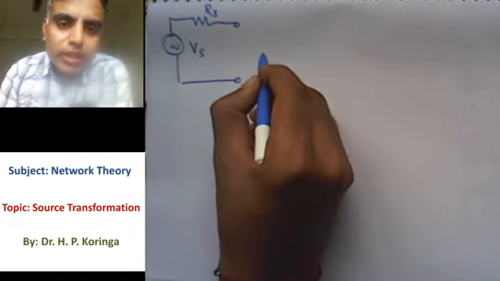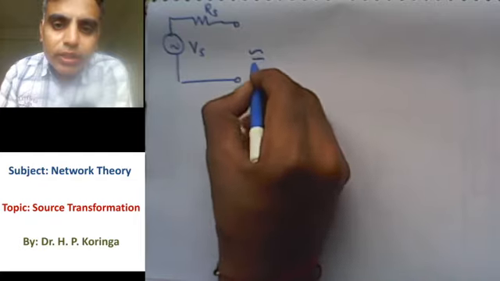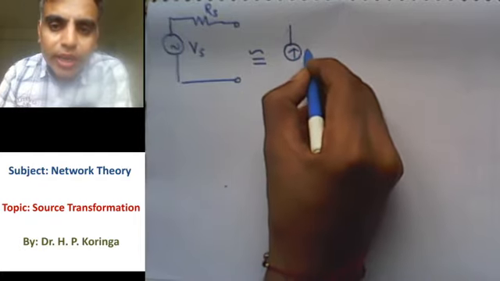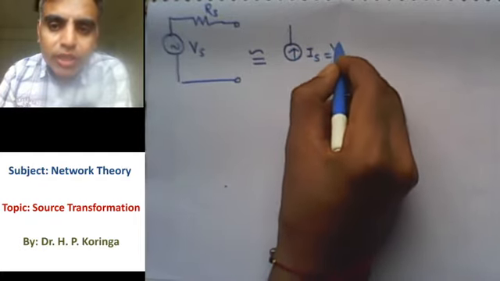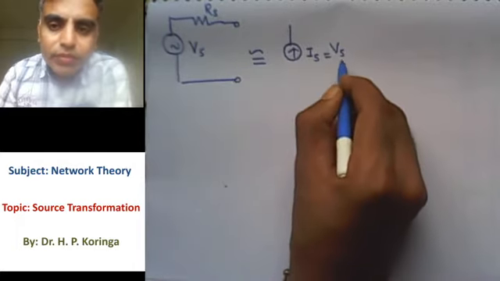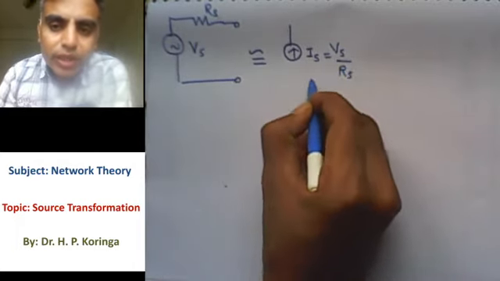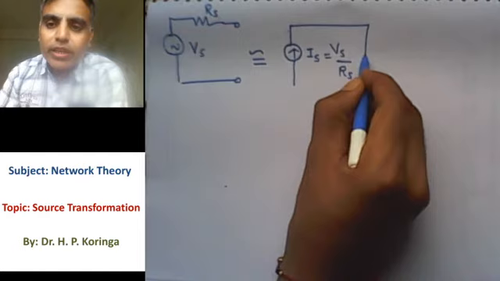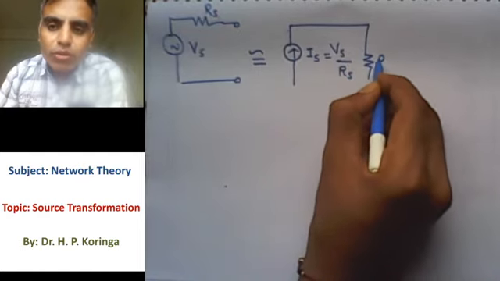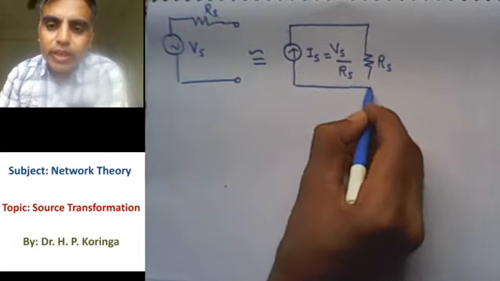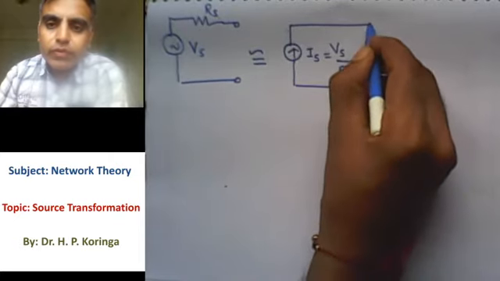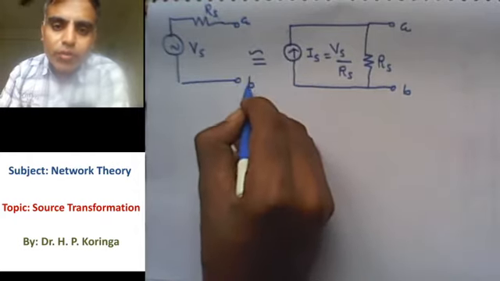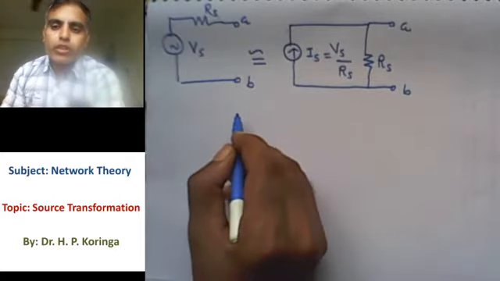This circuit can be converted into a current source where the current source value Is is equal to the source voltage Vs divided by its series resistance Rs. Whatever the series resistance in a voltage source, the same value of resistance has to be connected in parallel in the current source. Both circuits are equivalent, so we can convert a voltage source into a current source.